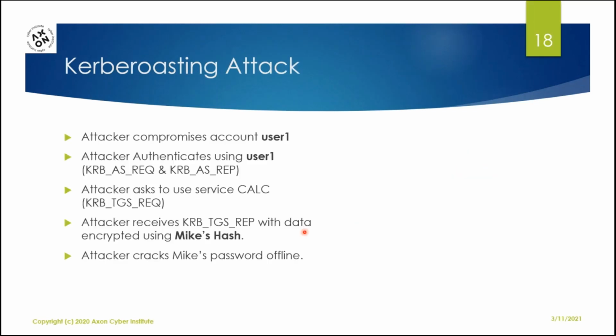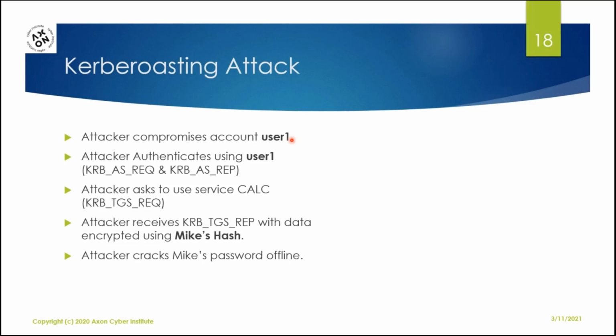How can the attacker compromise this? For Kerberoasting to function, you need to acquire at least one domain account. So this attack is suitable if you are an insider, or if you have already compromised one domain account. Let's say the attacker compromises account user 1.